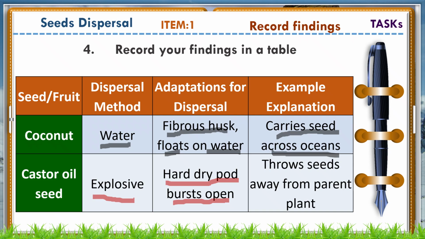And when it bursts open, what happens? It throws the seeds away from the parent plant. Therefore, the seeds will not fall under the parent plant. They will be thrown far away from the plant to prevent competition.